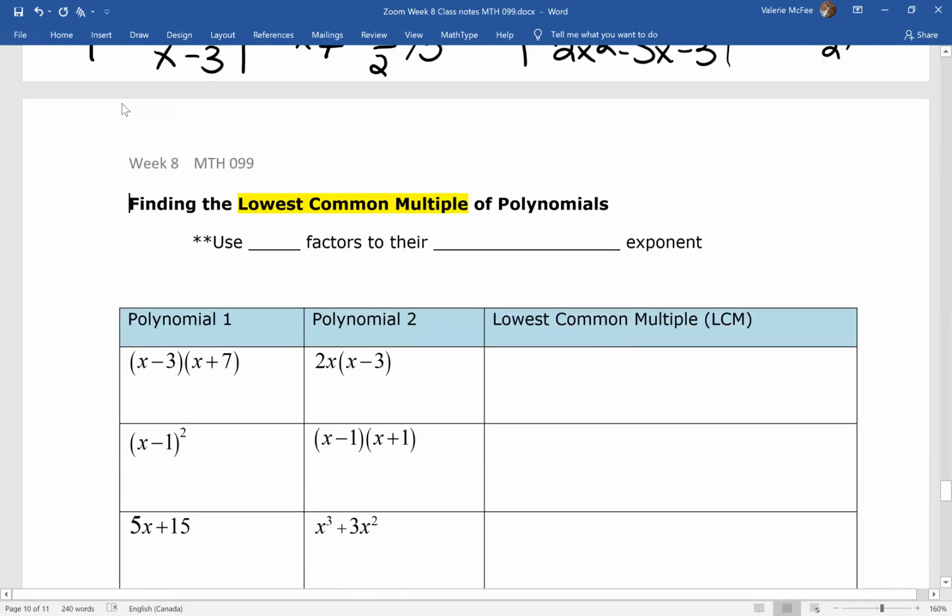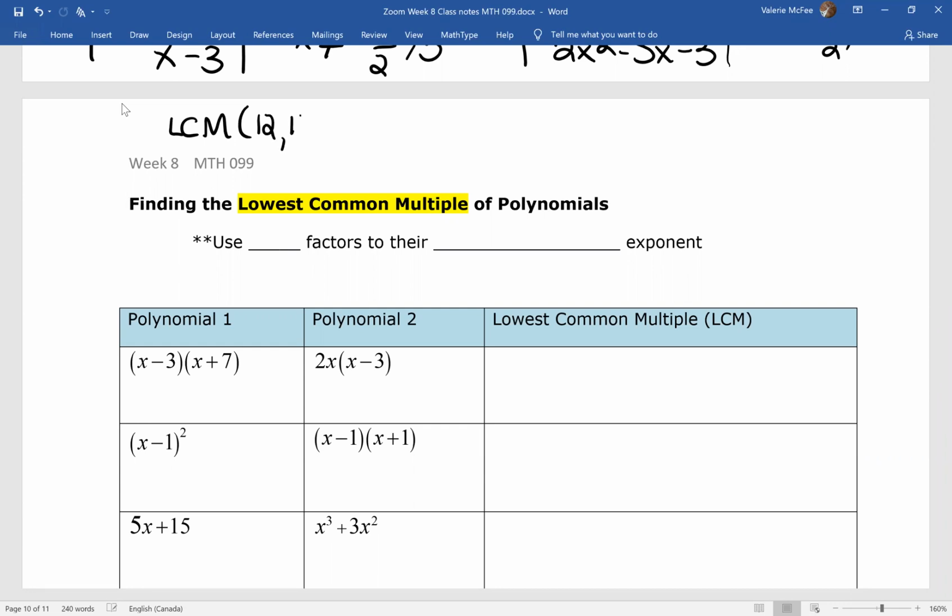Before we look at polynomials, let's look at numbers. Let's say 20. Remember back when we were working with numbers, and if you've forgotten, you should go back and practice.